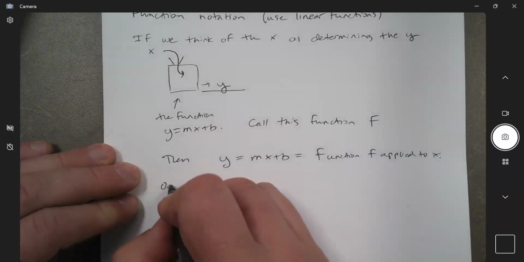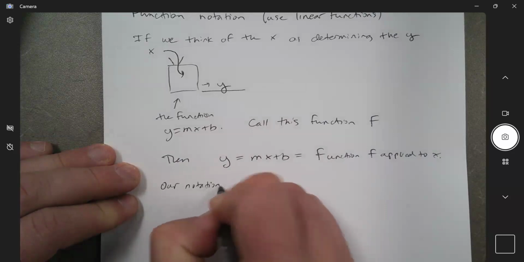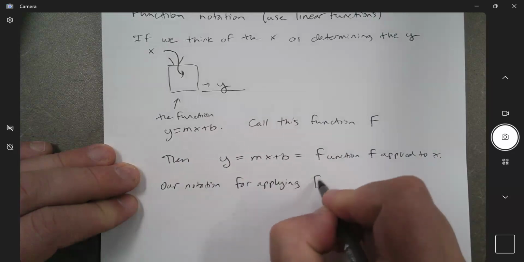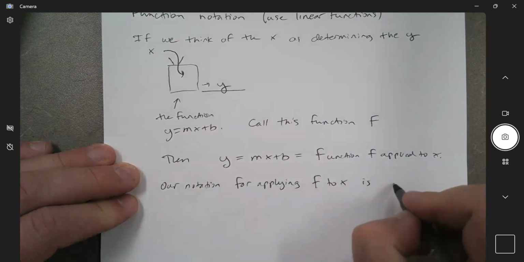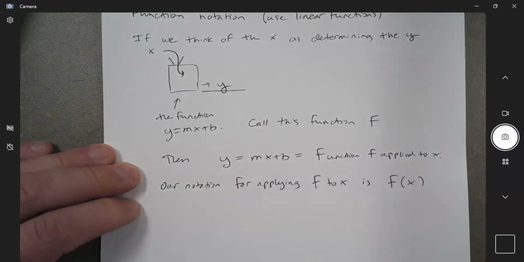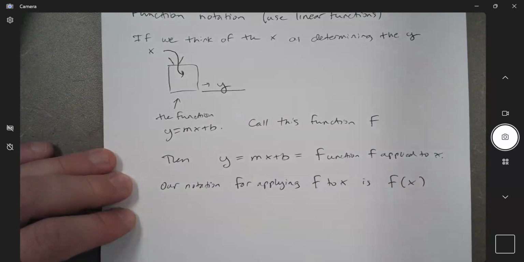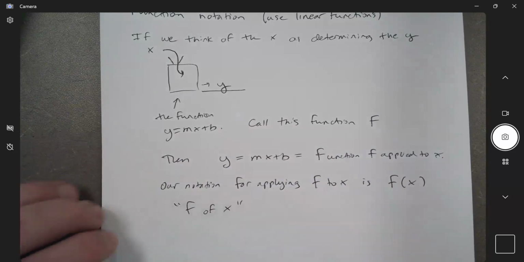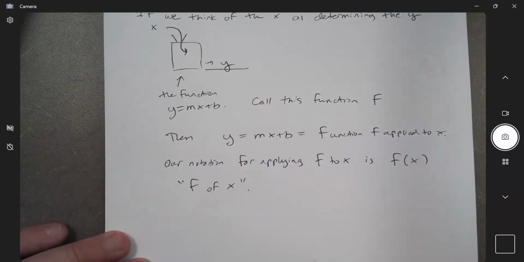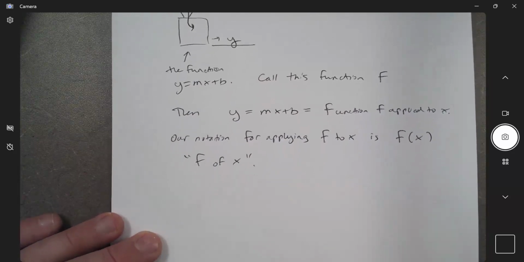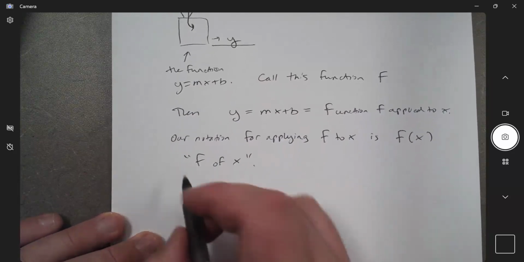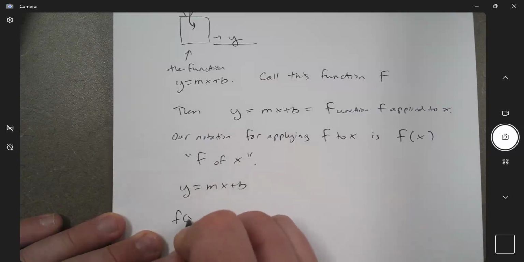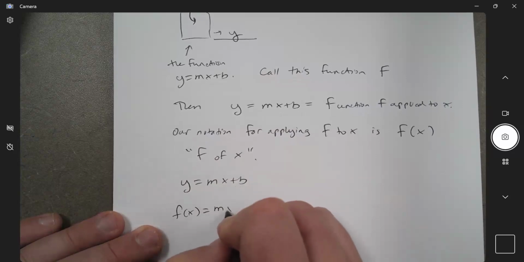In our notation for applying f to x is f and then a parenthesis and then the x. We read this f of x. So now instead of y equals mx plus b, we can write f of x equals mx plus b.